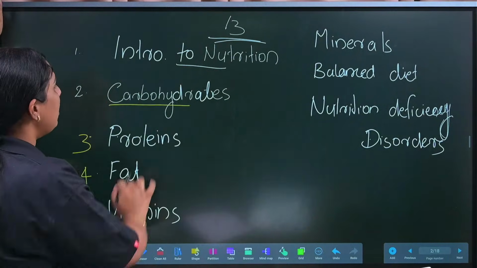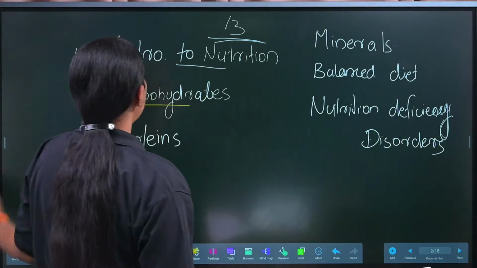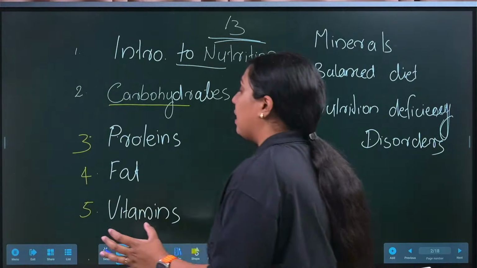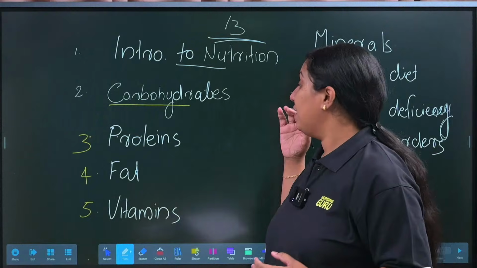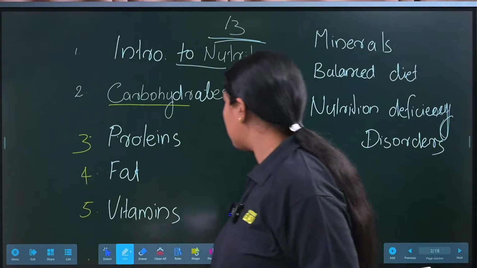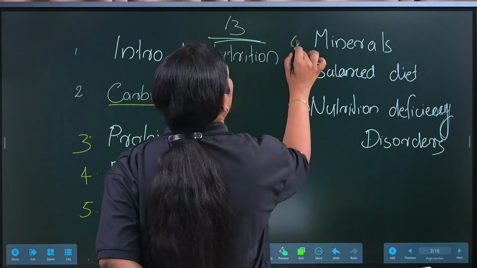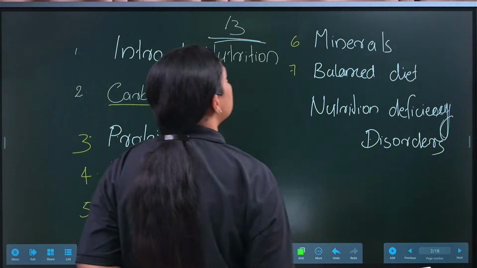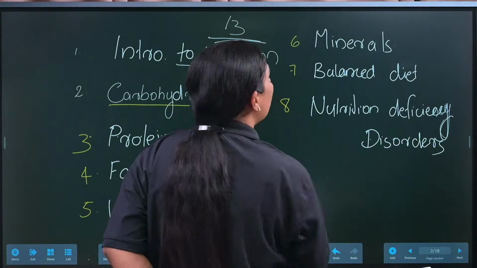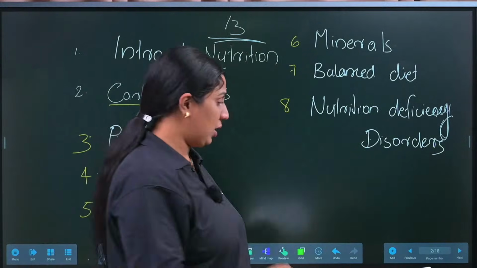So the first 5 units are introduction to nutrition, carbohydrate, protein, fat, and vitamins. The next unit is minerals, that is the 6th unit; the 7th unit is balanced diet; and the 8th unit is nutrition deficiency disorders.